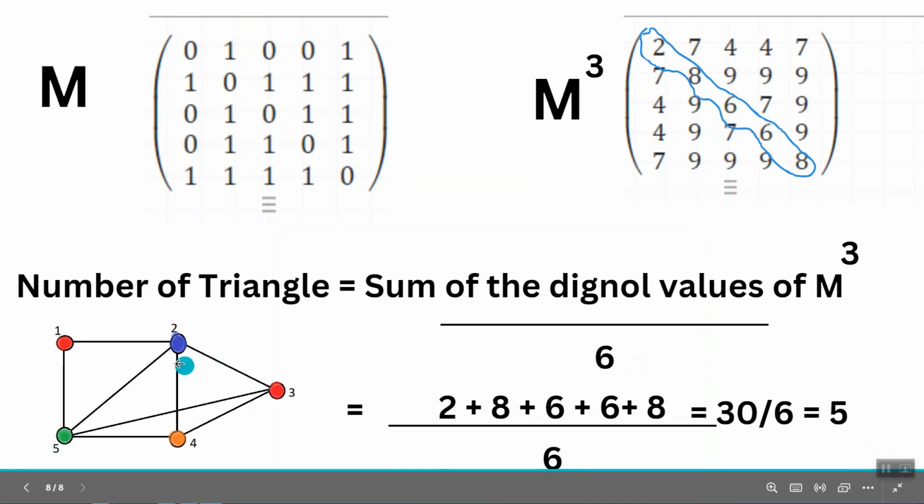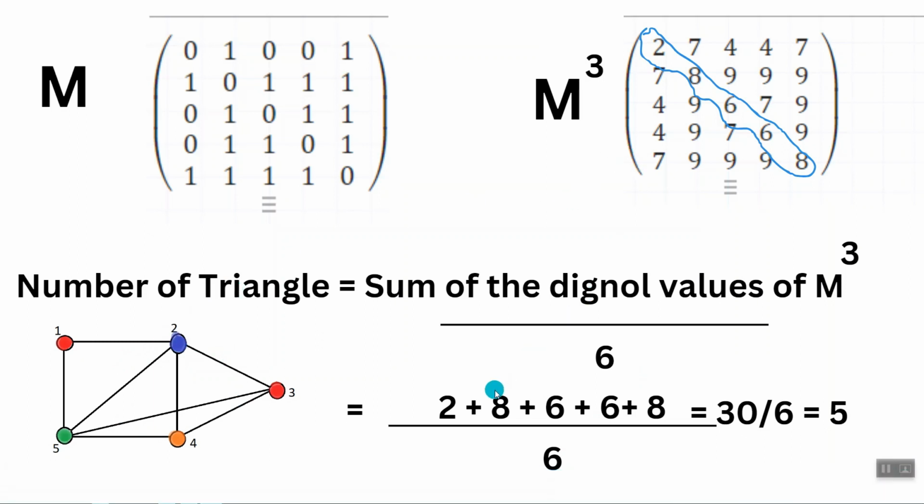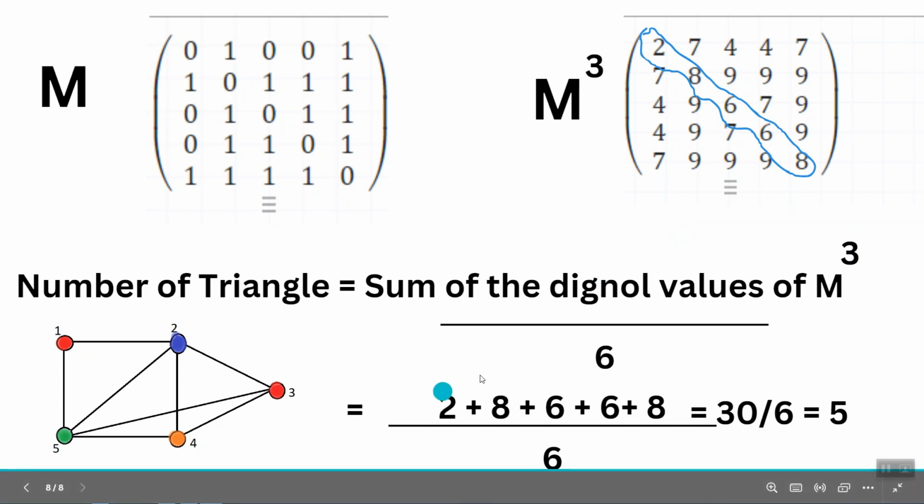Here is the graph for which we are finding the number of triangles. Diagonal values are 2, 8, 6, 6 and 8. The summation of these values is 30 and it is divided by 6. So the answer is 5. It means we have 5 triangles inside this graph.